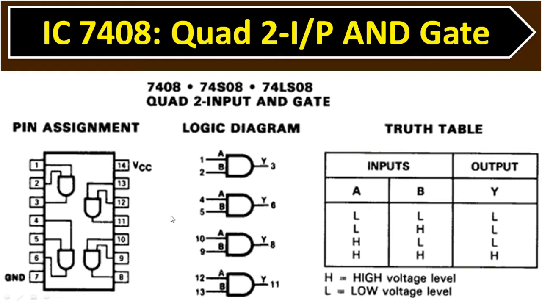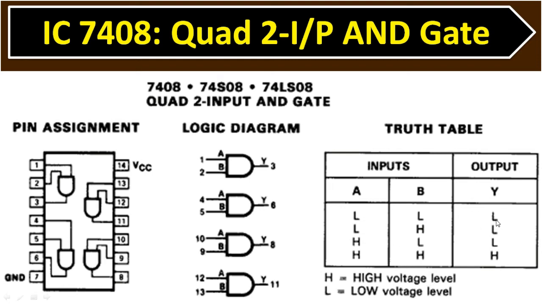Now as we know, the AND gate generates 1 as an output when all the inputs are logic 1. So here you can see the truth table. In this truth table, L indicates low voltage level, that is 0, and H indicates high voltage level, that is logic 1. Okay, so L means 0, H means 1.